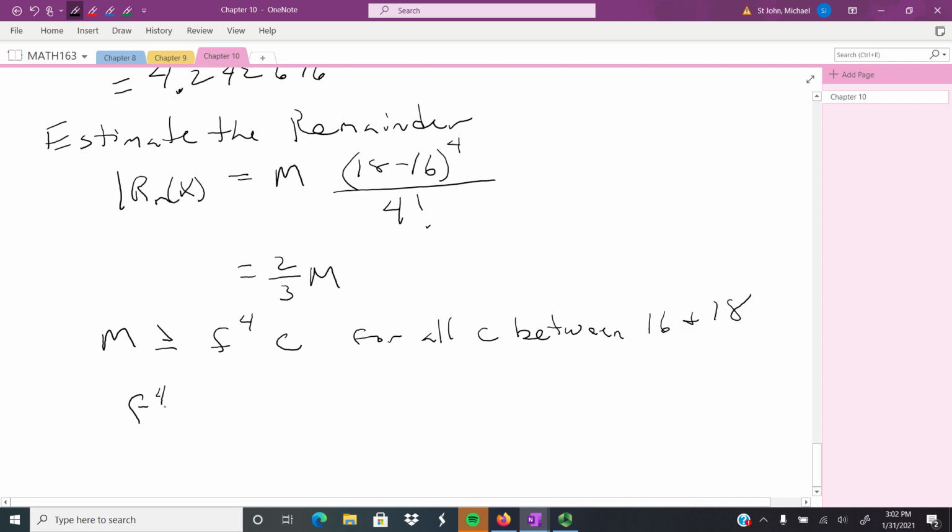So f⁽⁴⁾(c) is going to be −15/16 c^(−7/2), which will be a very small number.